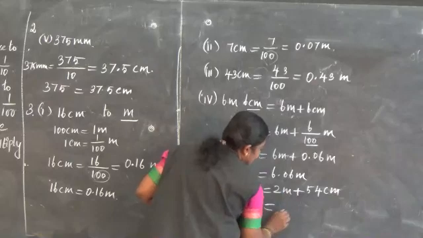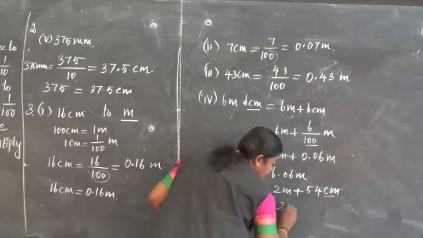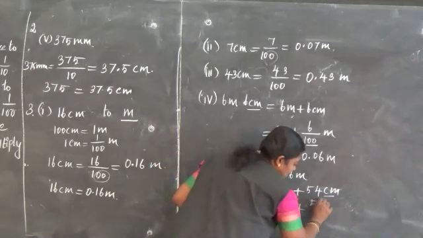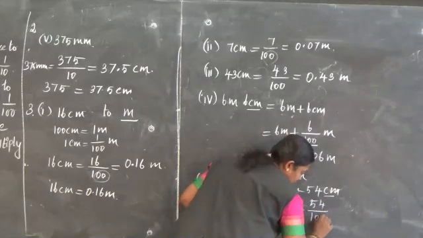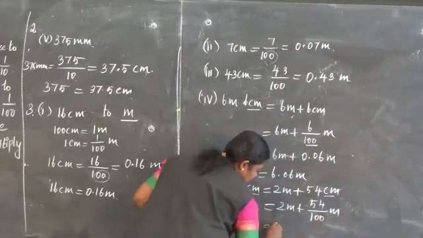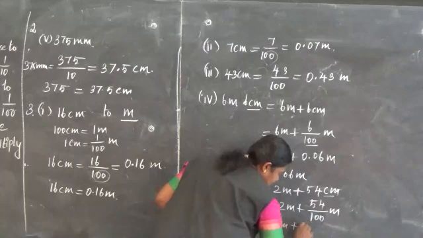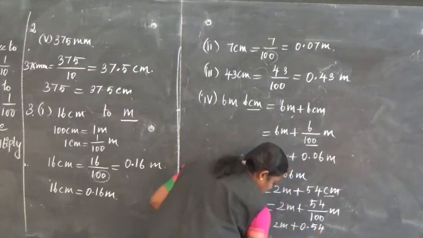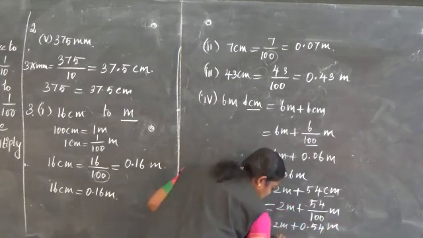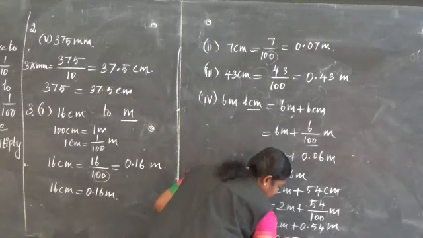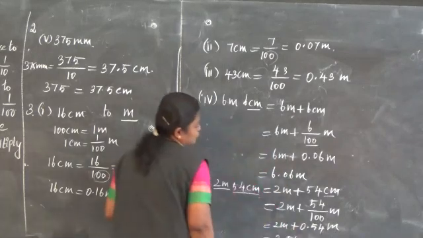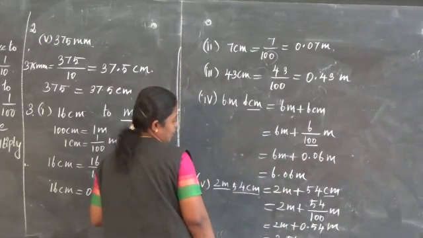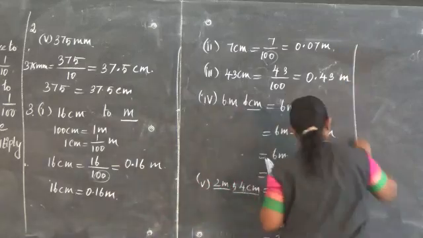For converting centimeter to meter, we should divide by 100. So 54 by 100 meter, that you can write as 2 meter plus 0.54 meter. If you are adding 2 plus 0.54, it is 2.54 meter.